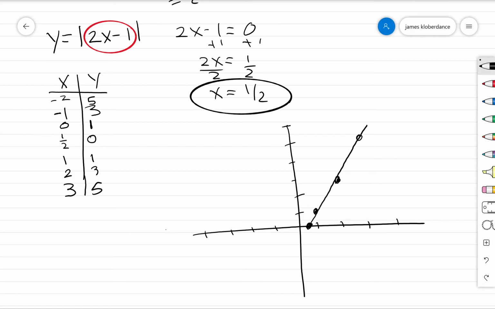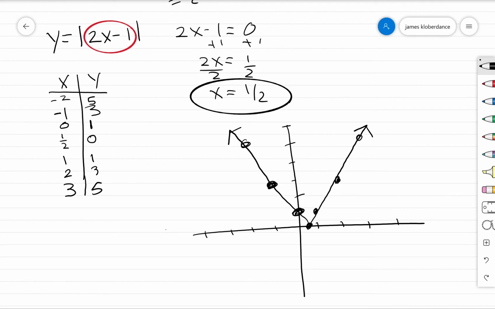It's a V again. And going the other way, when x is 0, we get 1. When x is -1, we get 3. And when x is -2, we get 5. So on the other side, I made it a little crooked, but we get that.